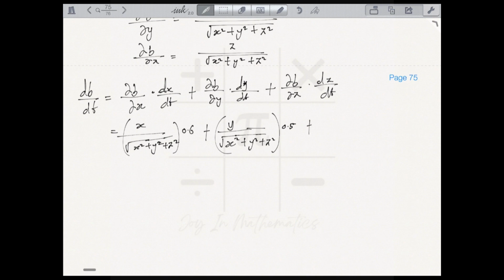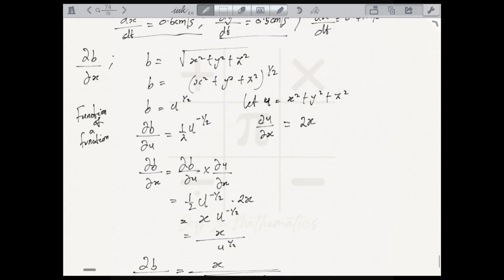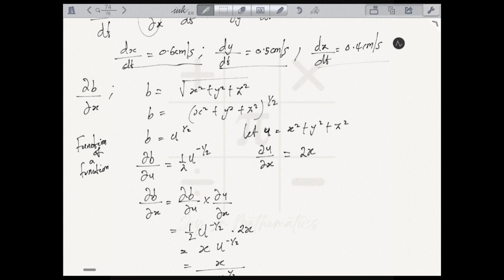And dB/dz is z divided by the square root of x squared plus y squared plus z squared multiplied by dz/dt, which is 0.4.